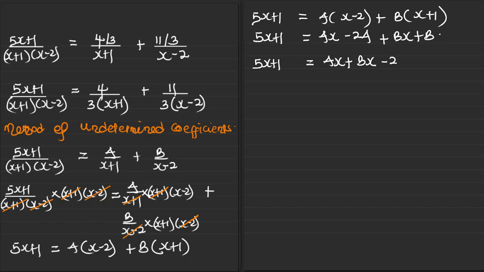So negative 2a, and then plus the positive b. You see, so with this, you would like to rewrite it as a plus b, all times x, and then you can rewrite this as simply plus b minus 2a.